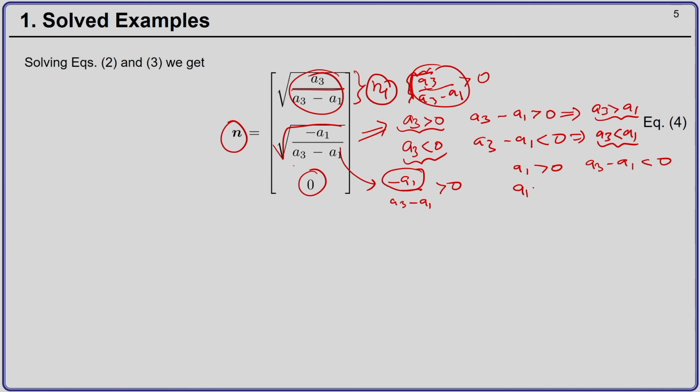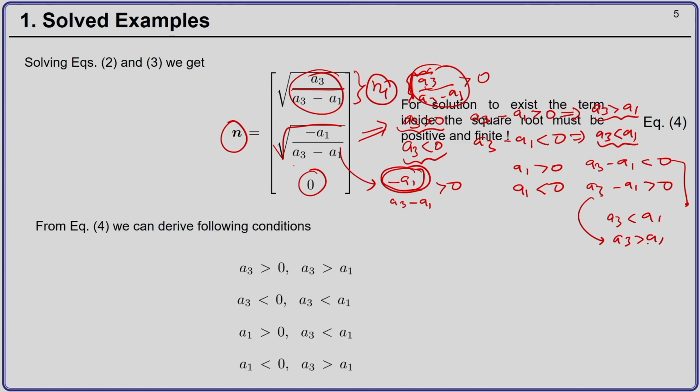Now, if a1 is less than 0, then this term becomes positive, and then a3 minus a1 has to be greater than 0. The first condition implies a3 less than a1, and the second condition implies a3 greater than a1. So, the constraints on a3 and a1 can be written like this. These are your constraints on a3 and a1 if the condition given in the problem has to hold.